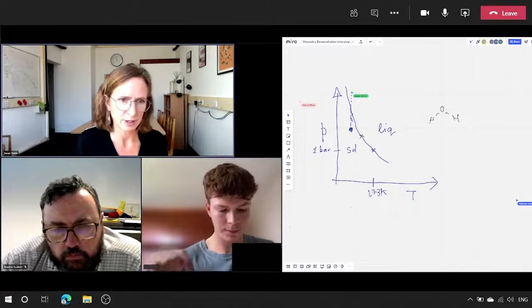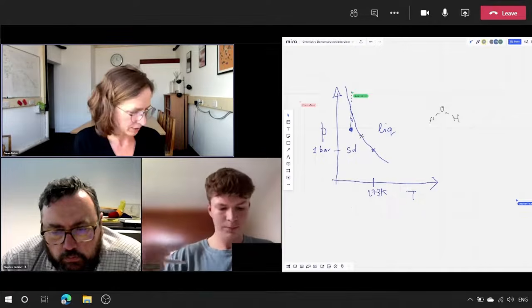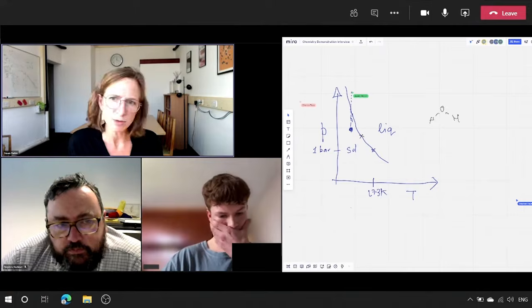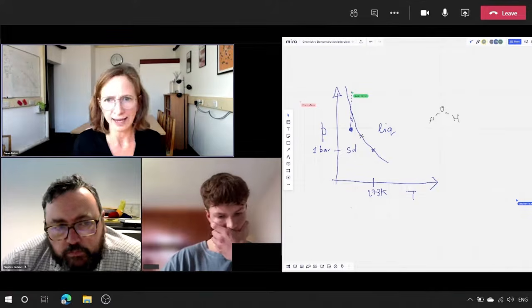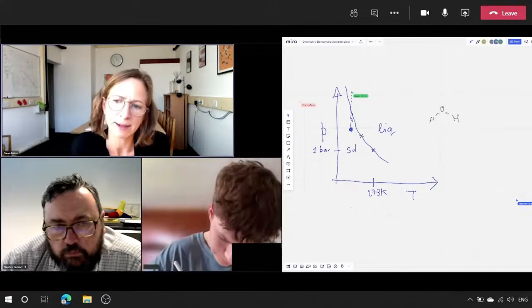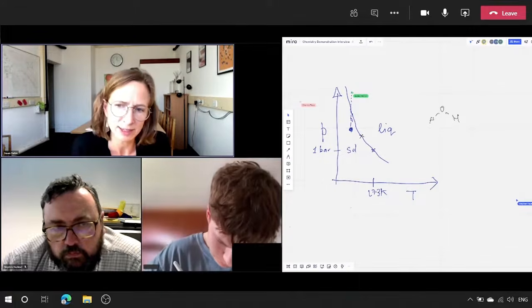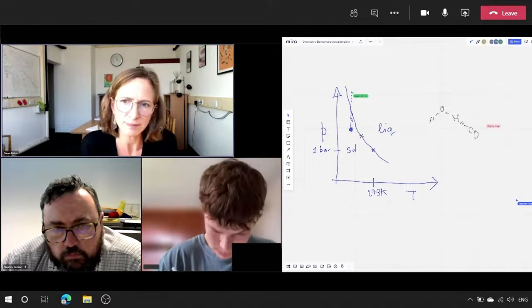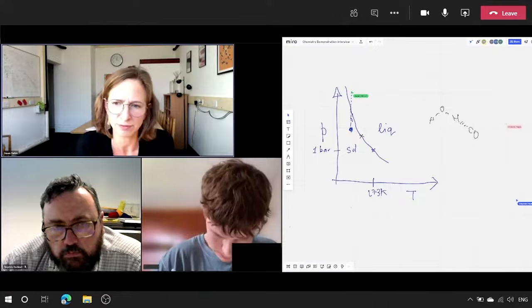Can you think through why that might be in relation to the hydrogen bonding? So have a go at sketching hydrogen bonding, and how you think it might look in ice and how you think it might look in liquid water. And see if you can come up with an explanation for the difference in density.